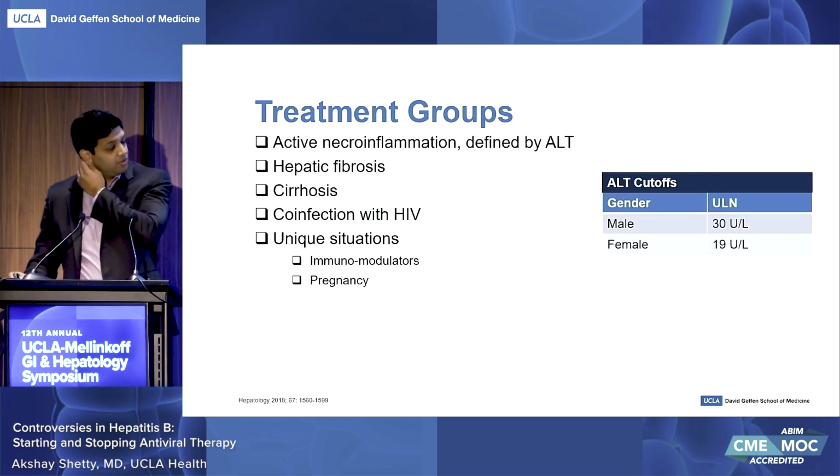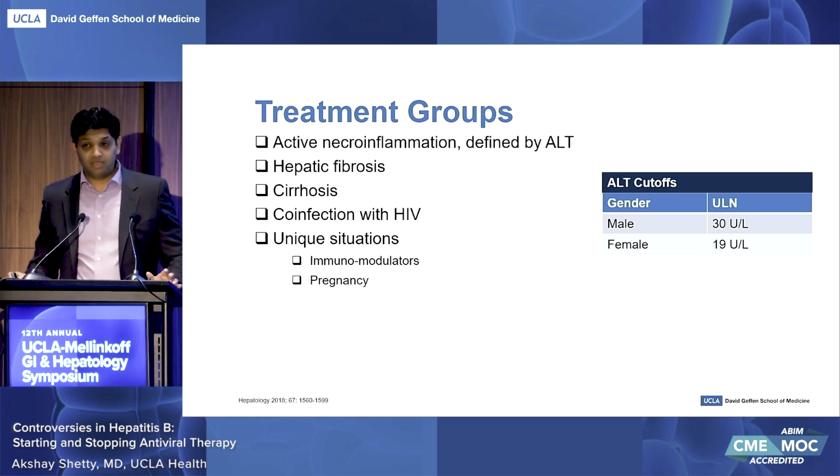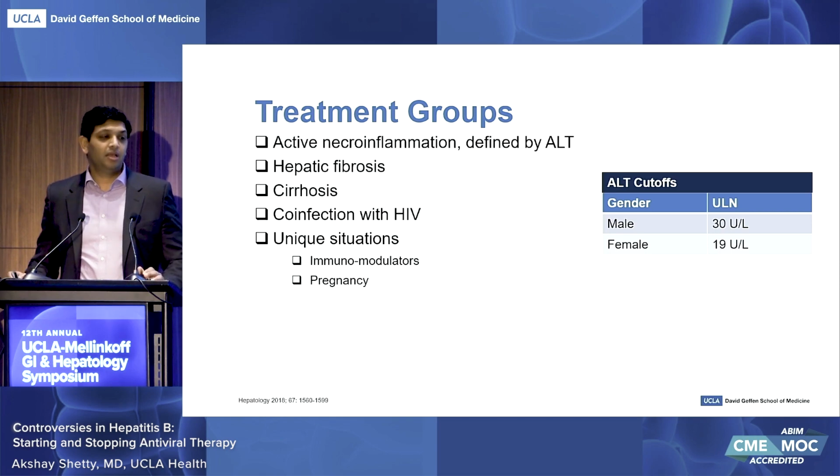So summarizing the treatment groups, patients who have active inflammation, so defined by their ALT. This is probably one area of controversy, as normal ALT cutoffs, as defined by AASLD, are up in the air. They're not consistent across different societies. And if you look at our own lab systems, the normal ALT for a UCLA lab is close to 50 to 72, depending on which lab you look at.